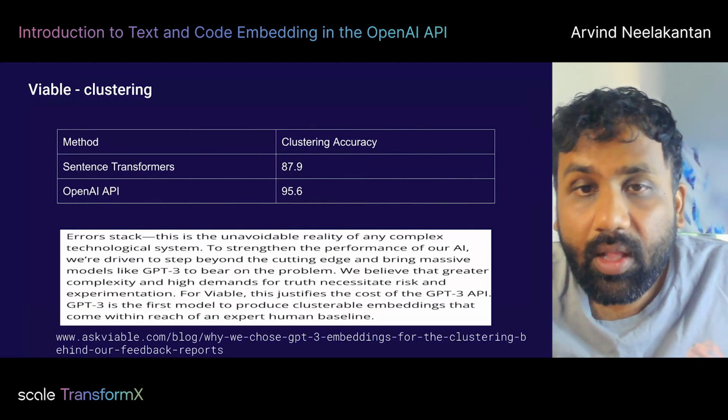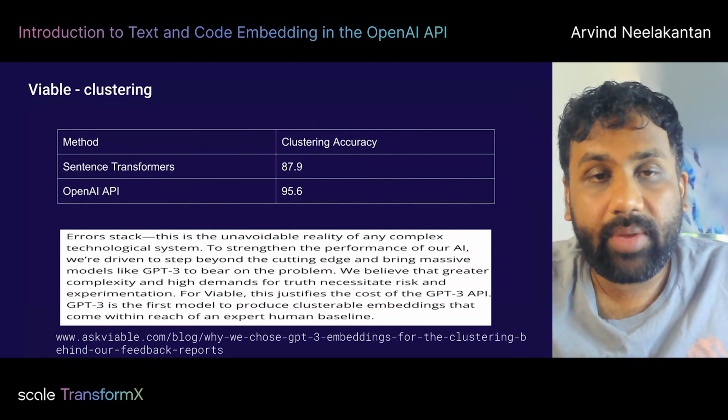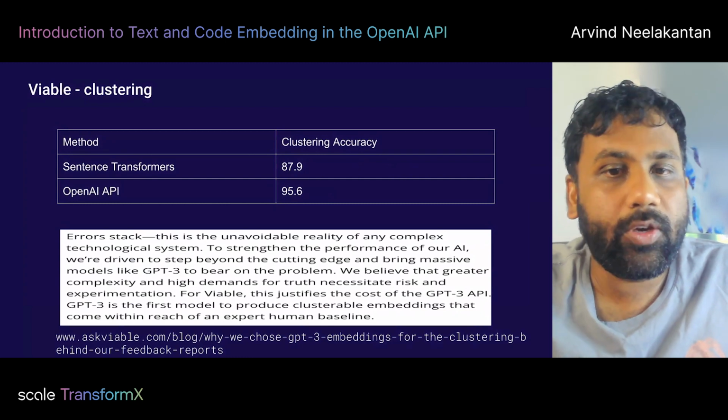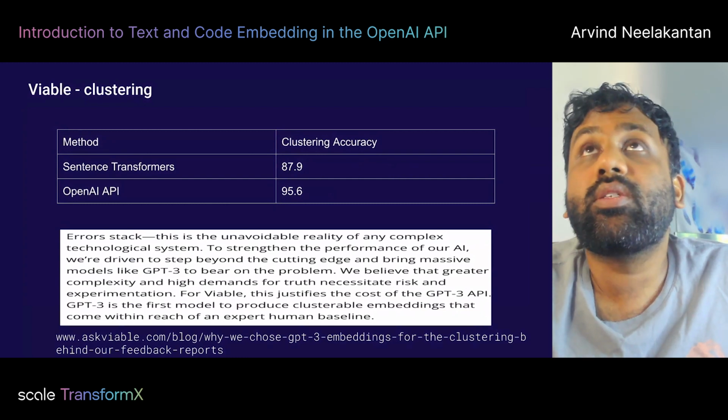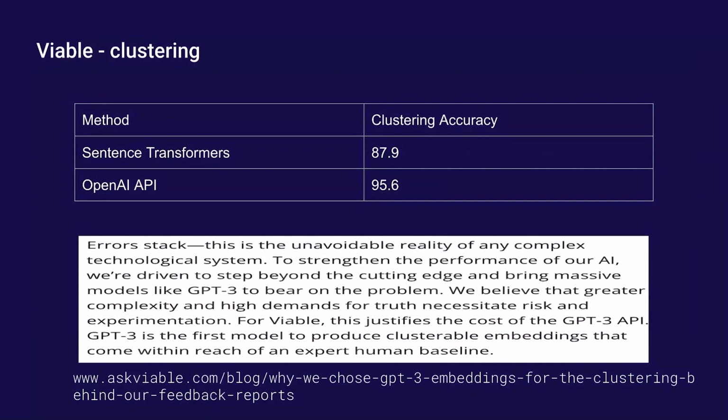Next is Viable, which uses our embeddings for clustering. Their goal is they have their customers upload a lot of CRM data, and they want to present fine-grained information back to their customers. So this is a cluster of people liking the product for this reason. This is a cluster of people who don't like it for this reason, and so on.